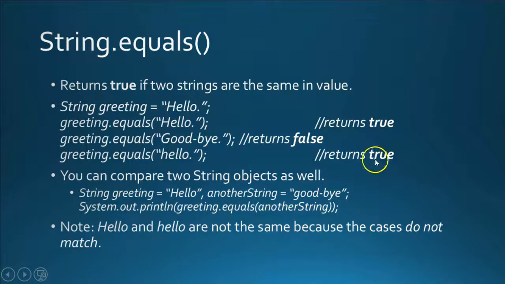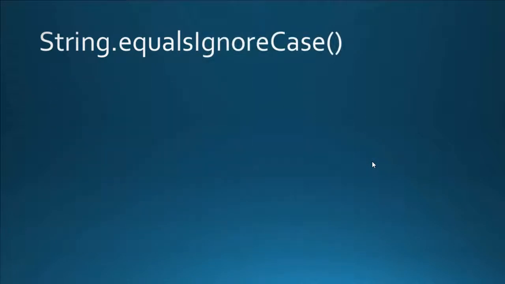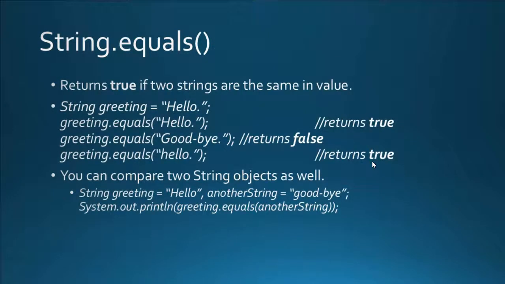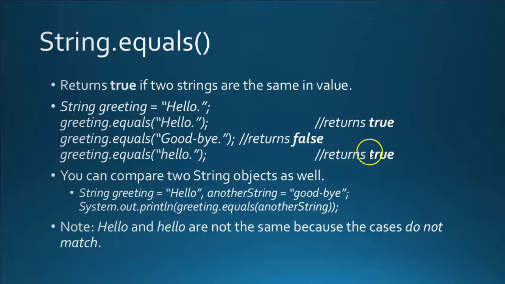So yes, there is a small typo here, folks. This should say returns false, because this is an uppercase H and this is a lowercase h. I must have missed that when I put these notes in here. That should say returns false.